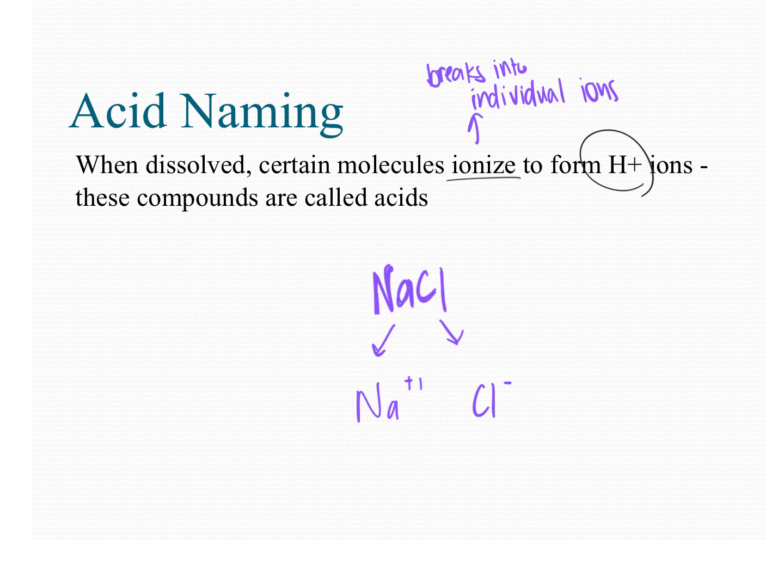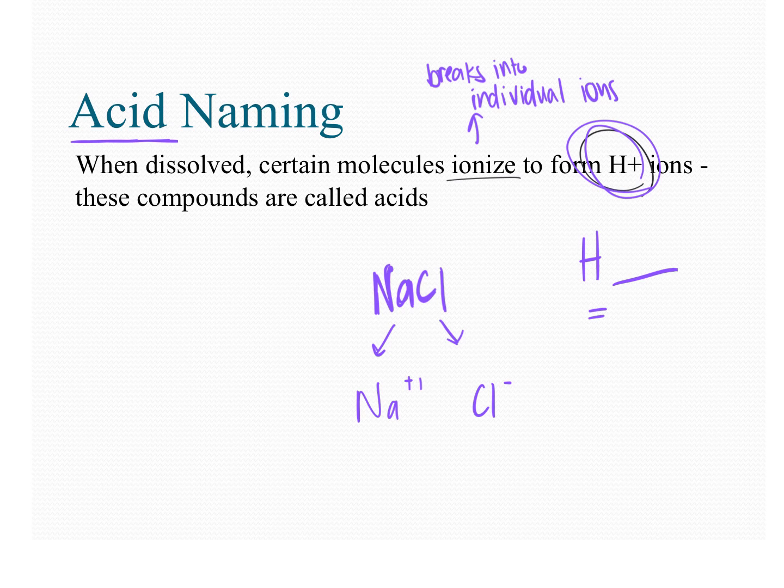So an acid, when it dissolves, ionizes to form an H plus ion. That means that to have an H plus ion, an acid has to have hydrogen in it. It must be hydrogen plus something else.